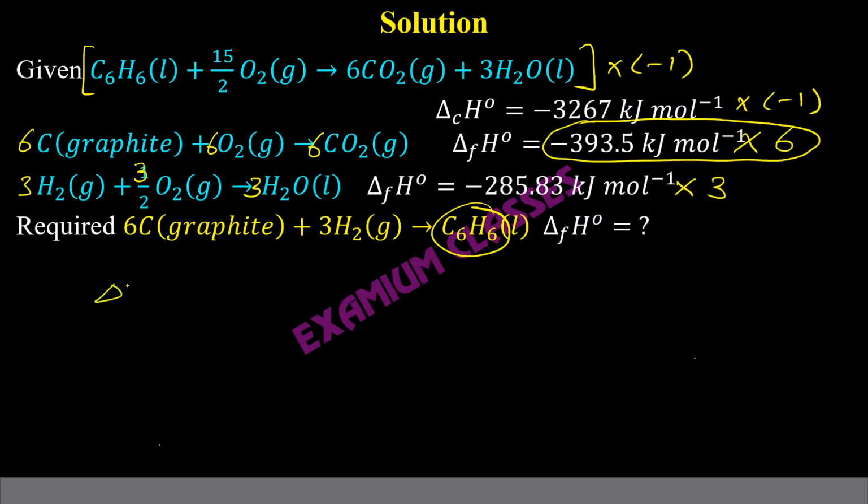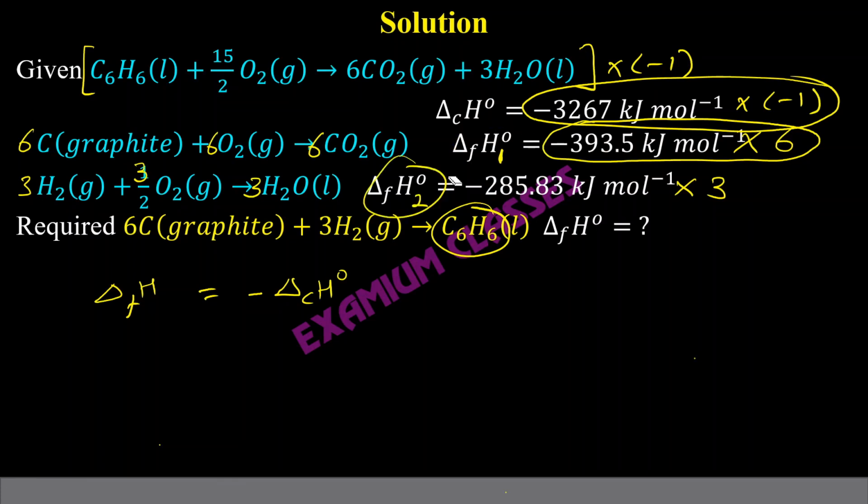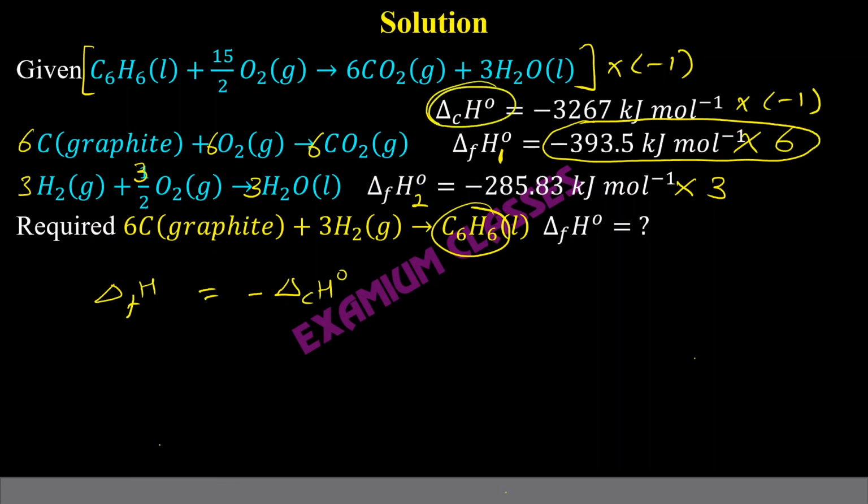So delta RH or delta FH of the required reaction will be: first one you have to multiply by minus 1. So it means this multiplied by minus 1. So it will be minus delta CH0 there. Say this one is 1 here. I am writing 1 here and I am writing 2 here, just to differentiate these. So multiply this given enthalpy by minus 1.